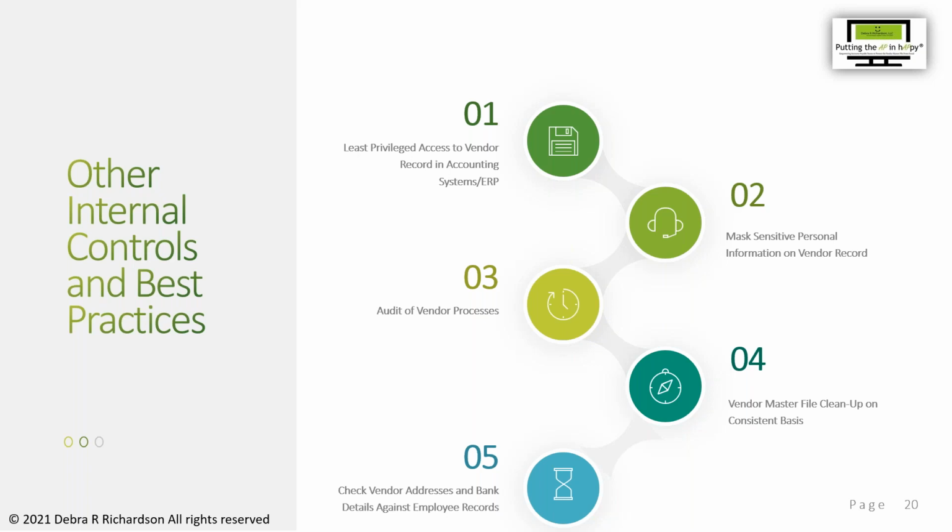Work with your IT team, and then have management notified only if there is ever a match. Okay. So that is what I had for internal controls, best practices in the new vendor adds process, in the existing vendor change process, and also in the vendor record maintenance process.